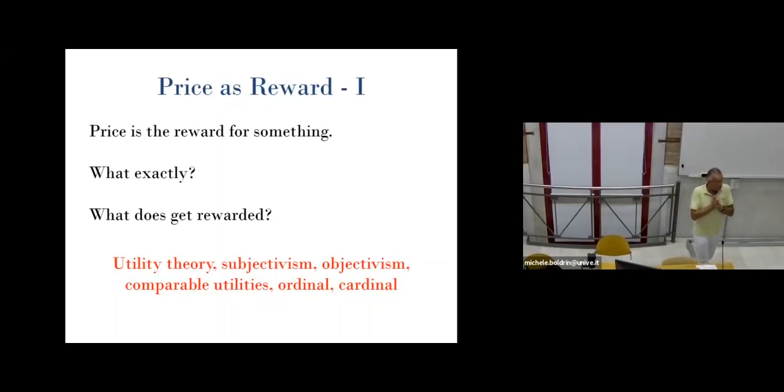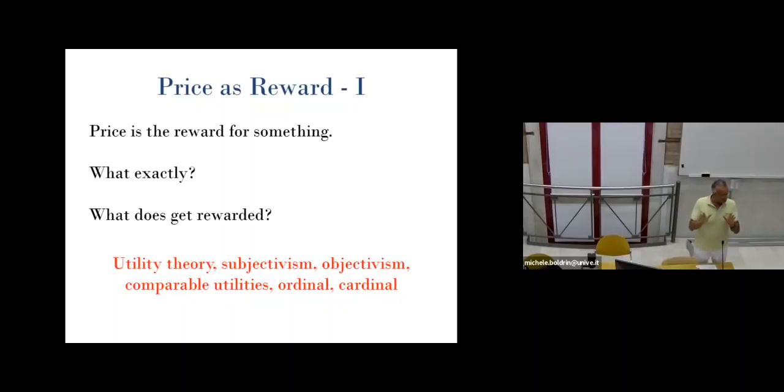The way in which economists, since the middle of the 19th century, so roughly since, let's put 1850, just to give a date. 1860 is more appropriate, because I think that's when Jevons and Menger published their work in which they introduced the word utility and happiness and so on.